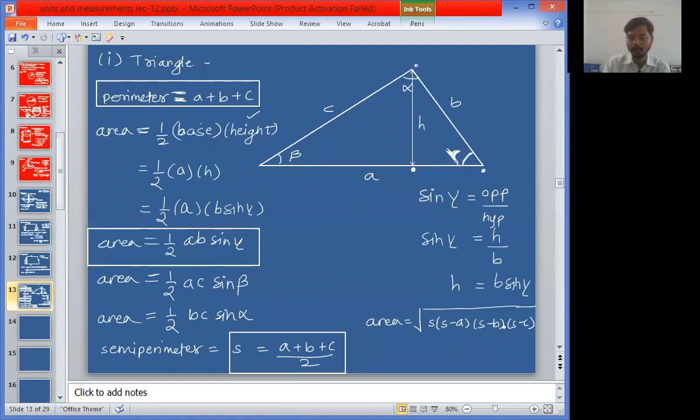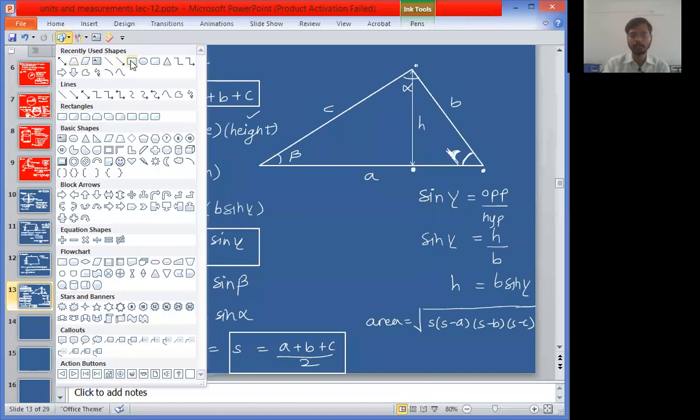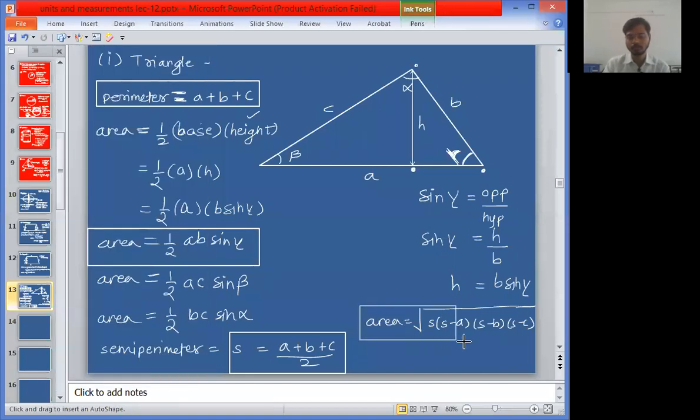What are A, B and C? Sir, A, B and C are the side lengths. What is S? Sir, S is the semi perimeter. Semi means half. A plus B plus C upon 2. Up to this, reply in the chat box, clear and written.